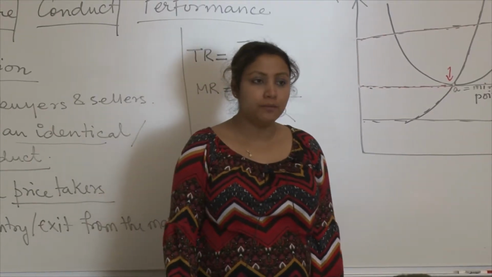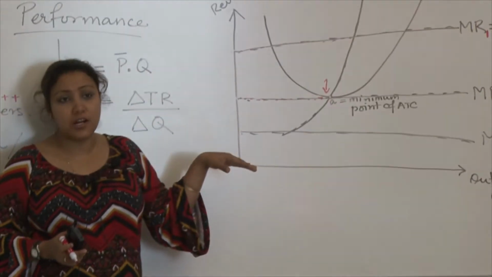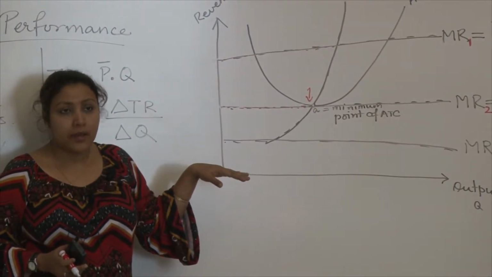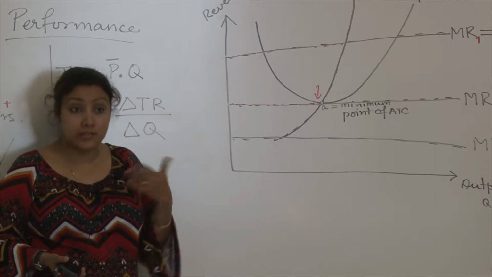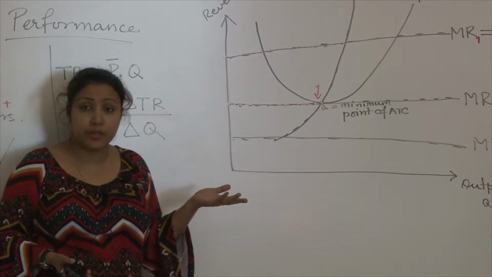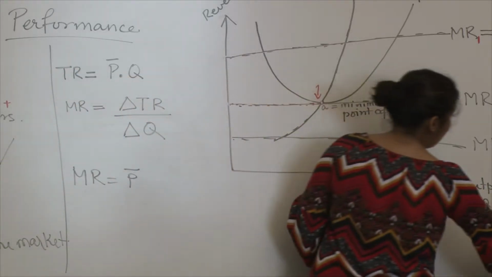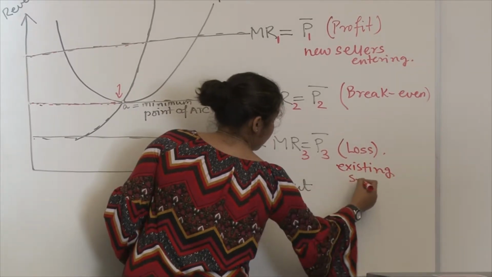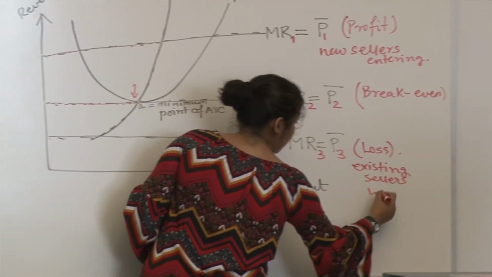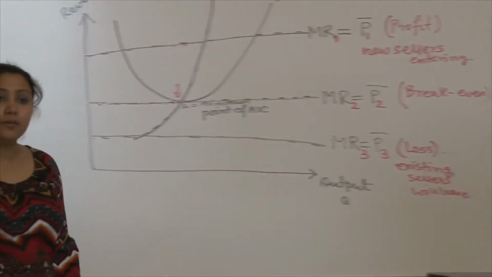Do you agree? Similarly, if it was a situation of loss, then of course it's an unattractive market, and once again unattractive in the eyes of the seller, because the buyers don't care whether it's a profit or loss, right? So here what will happen is some existing sellers will leave. It's an unattractive market.